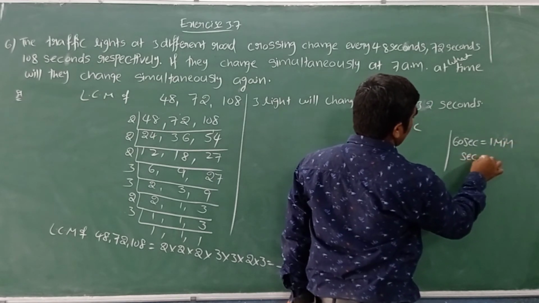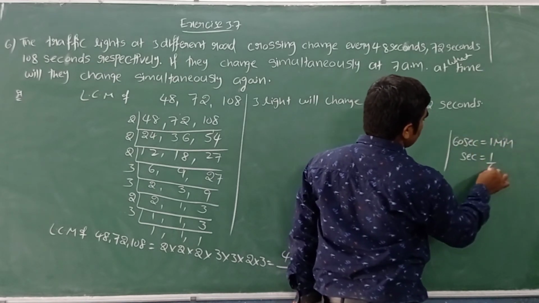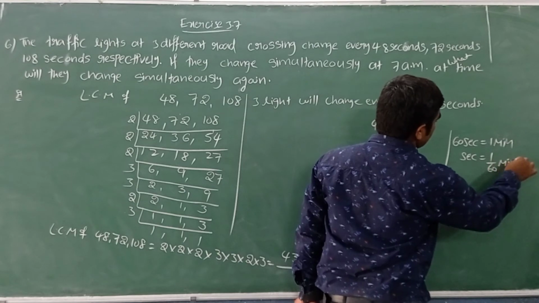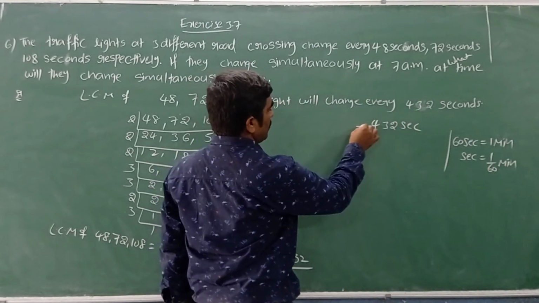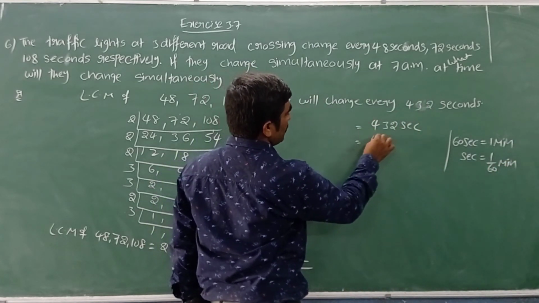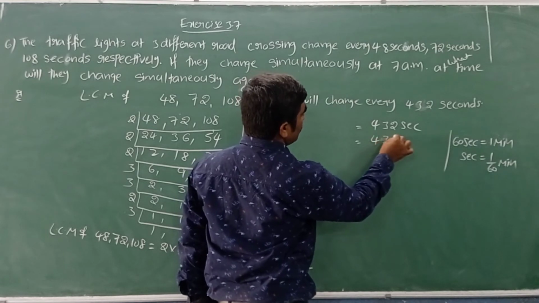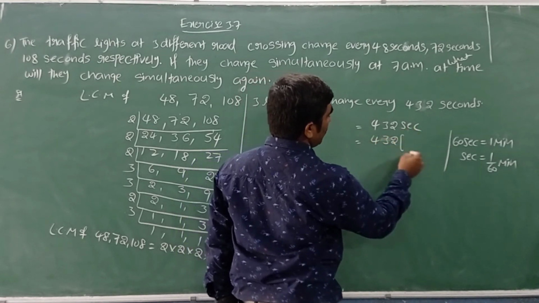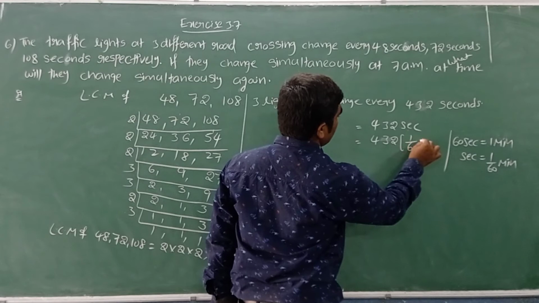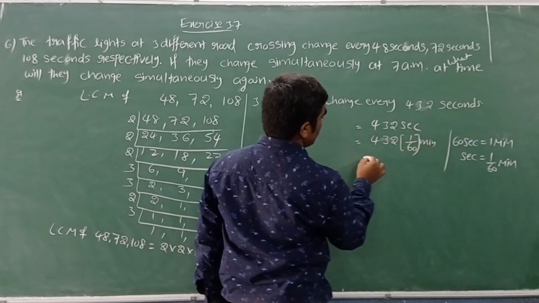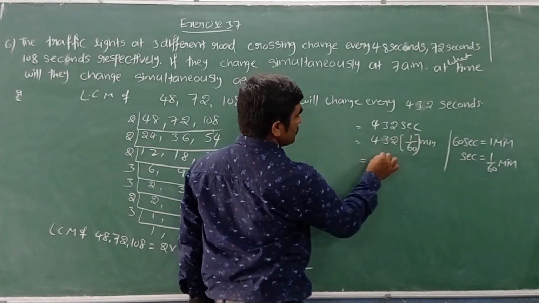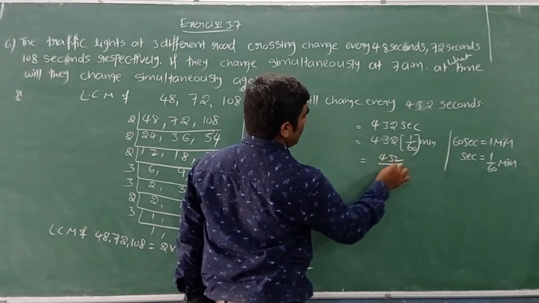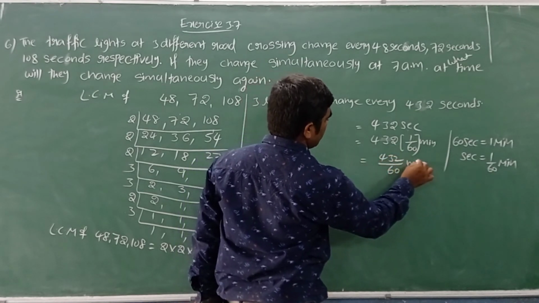So 1 second is equal to 1 by 60 minute. Now 432 in the place of seconds: 432 by 60 minutes.